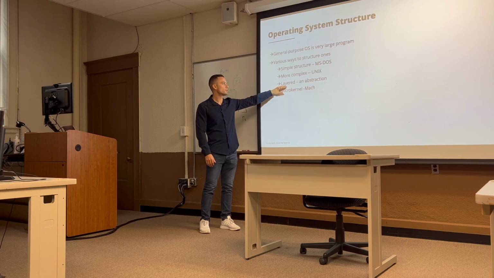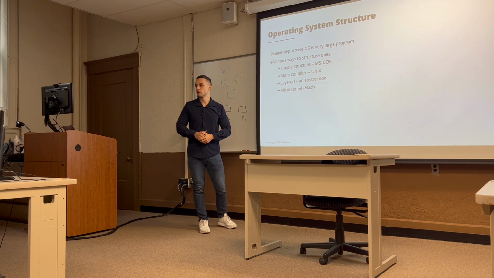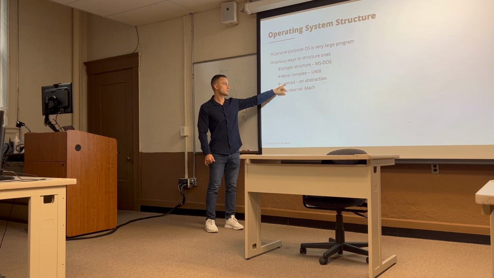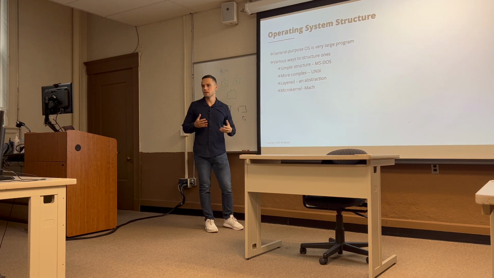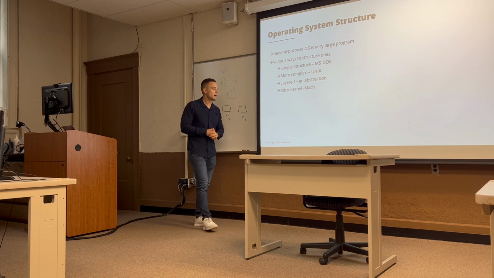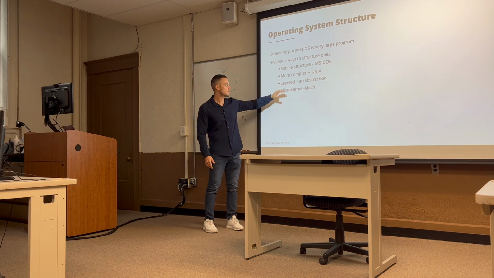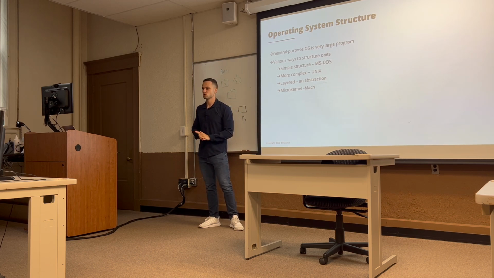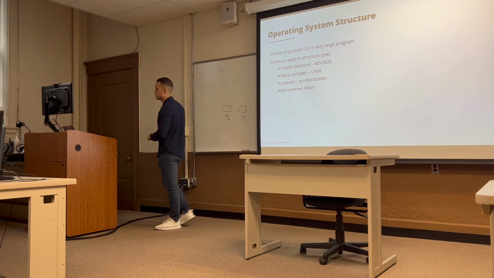Then we're going to cover the more modern operating systems, which use a layered approach and microkernel, and actually a combination of those. In fact, today's operating systems are pretty much some combination of layered and microkernel structure. Okay, so let's see how those work.